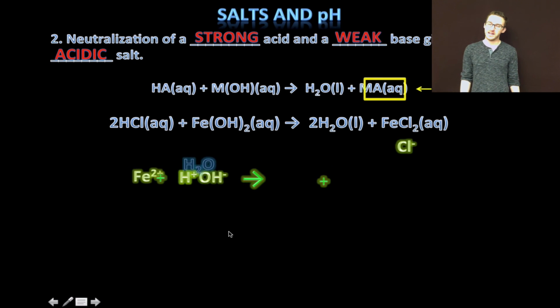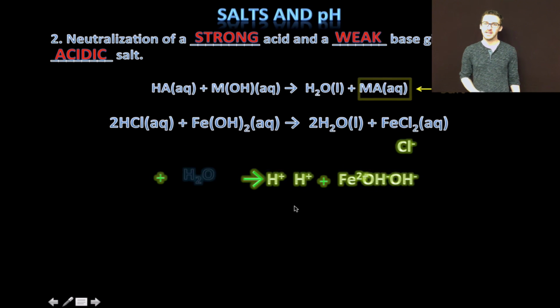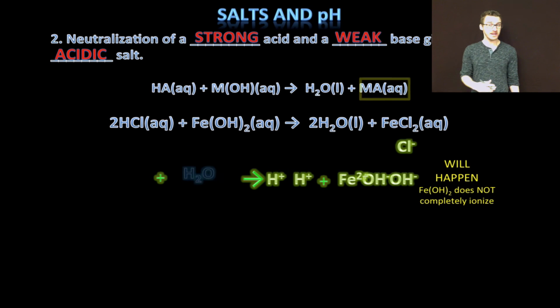Will the cation split water? In this case, it will. The iron will split it and form iron 2 hydroxide. Now this is going to happen because iron 2 hydroxide is a weak base. It's weak, it's going to stay together, it's not going to want to ionize. So the iron 2 ion will split water, forming additional hydrogen ion, making the solution acidic.